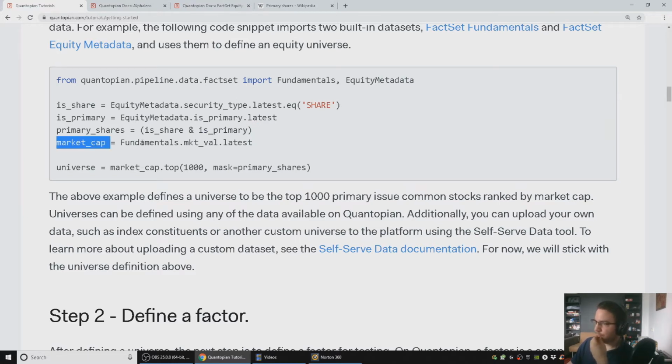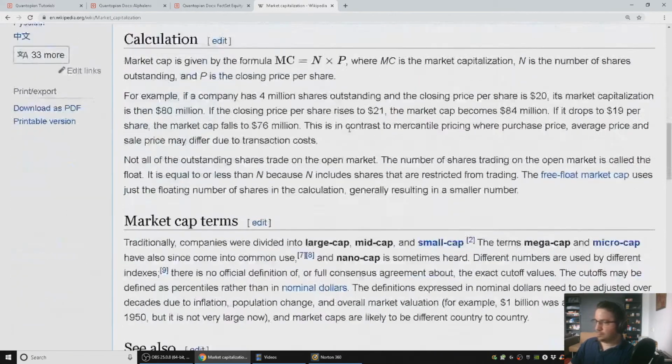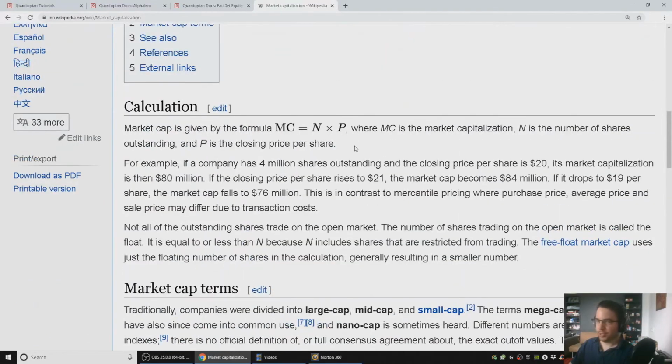And then what you do is you get the market cap. But yeah, naturally, oh look, it's got an equation. MC equals N times P. I mean, shouldn't really be putting MC like this, because it implies that's a product of M and C already.